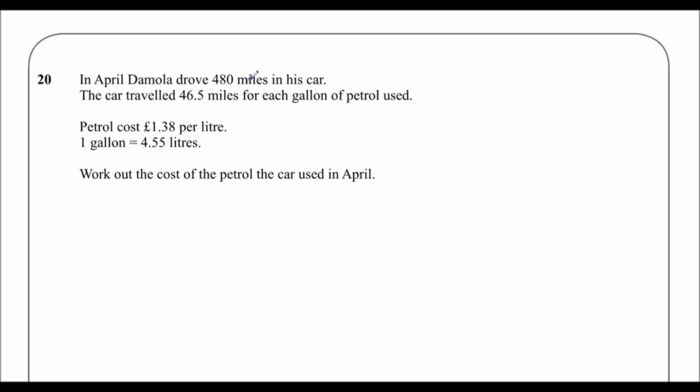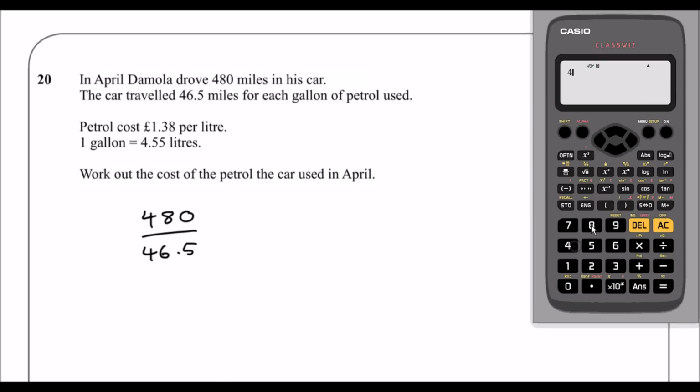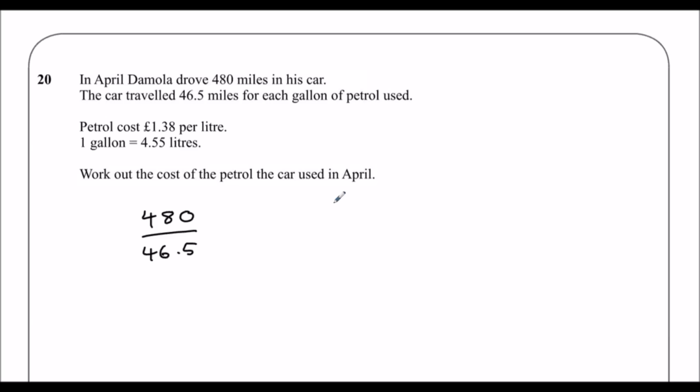So 480 miles, 46.5 miles for each gallon. So to work out the number of gallons of petrol, how many lots of 46.5 miles did we go? So 480 divided by 46.5 is 10.32. 10.32 gallons.